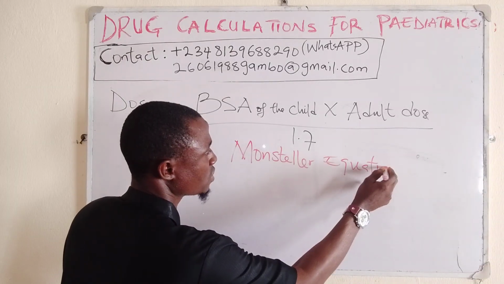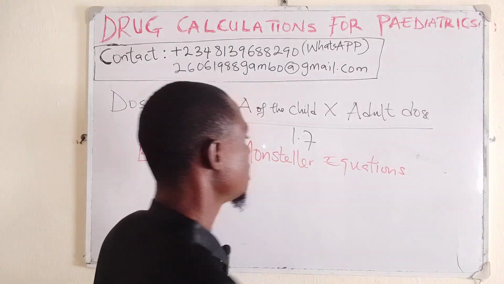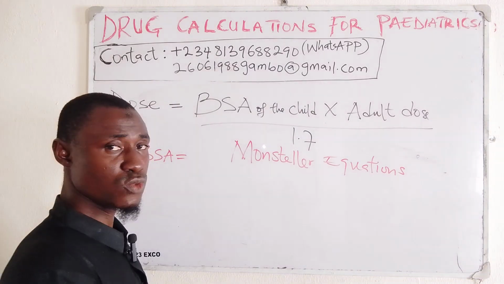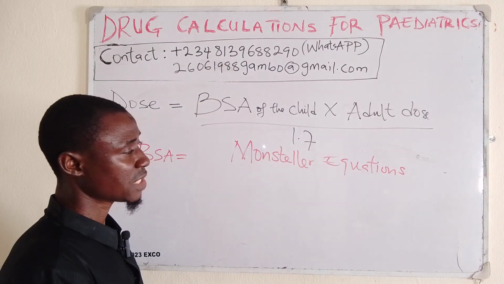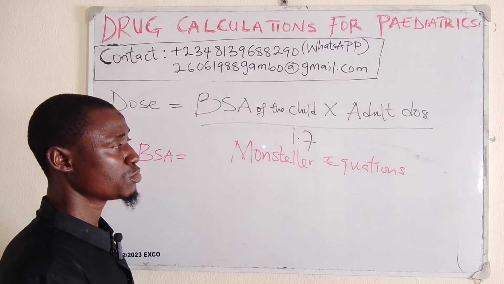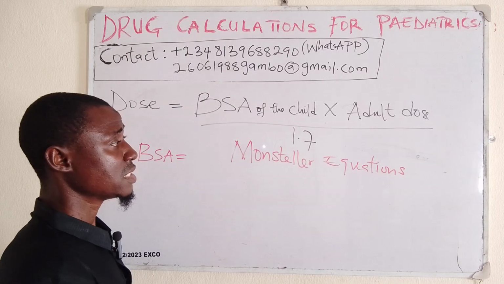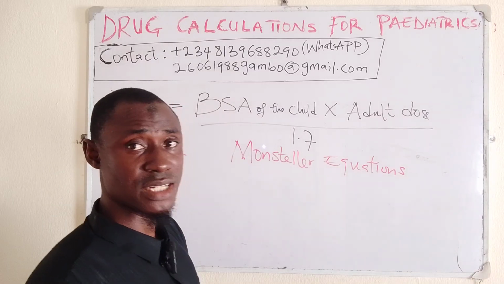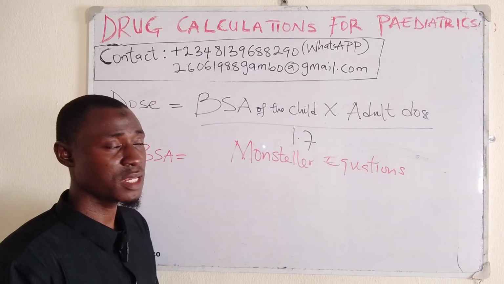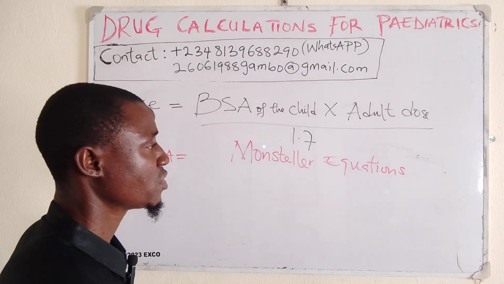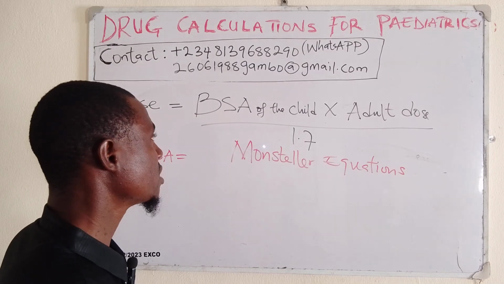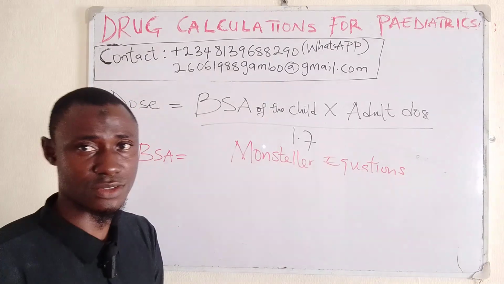Although the equations are two, so let me put it like this: Mosteller equations. We have two Mosteller equations, and these equations can be used to calculate the body surface area of a patient. These equations are not limited to children alone, meaning you can also use the Mosteller equations to calculate the body surface area of an adult.